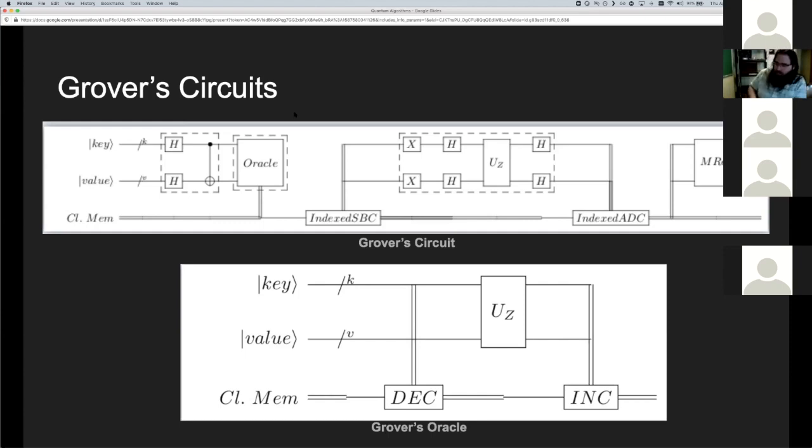Essentially, it's the square root of your input size, or the number of qubits, I believe. Yeah, exactly. So you just keep applying Grover's over and over, and then eventually, with a certain probability, hopefully 100%, you get the result you're looking for.